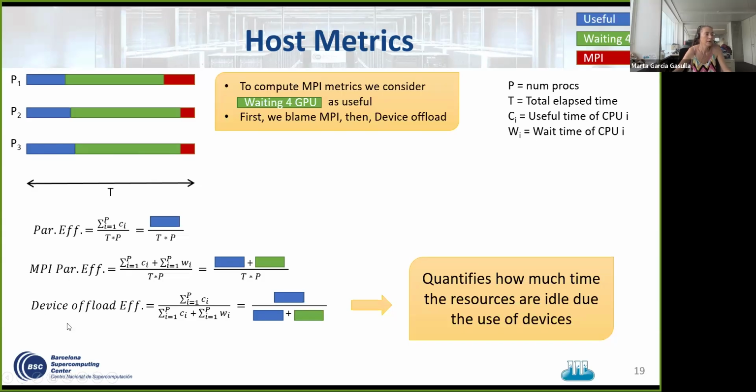Then the device offload efficiency, which is the time that the host is using to offload work to the GPU, is computed as the total useful time divided by the useful time plus the time that I'm wasting offloading work to the GPU. This device offload efficiency quantifies how much time the resources are idle. In this case, we are in the host metric, so the resources are the CPUs. How much time the CPUs are idle due to the fact that they are using devices.